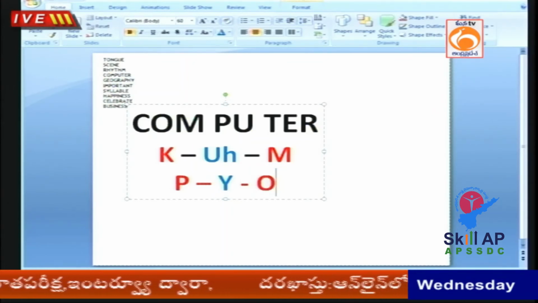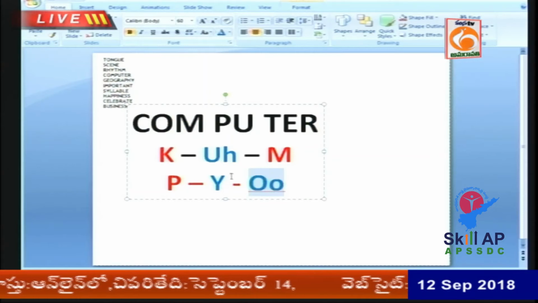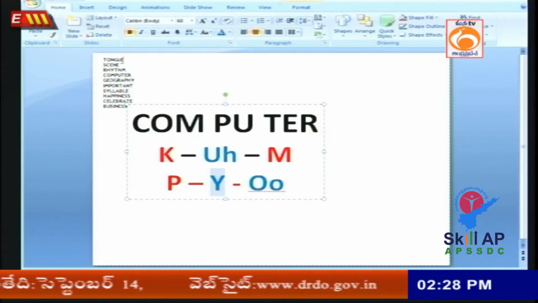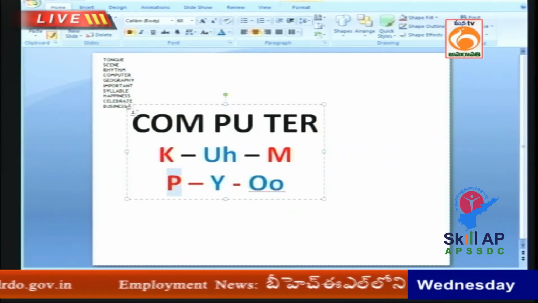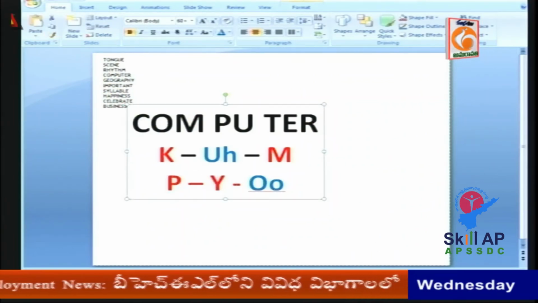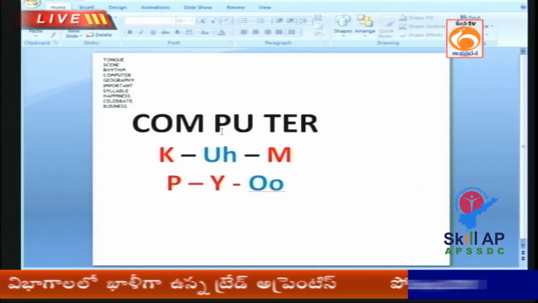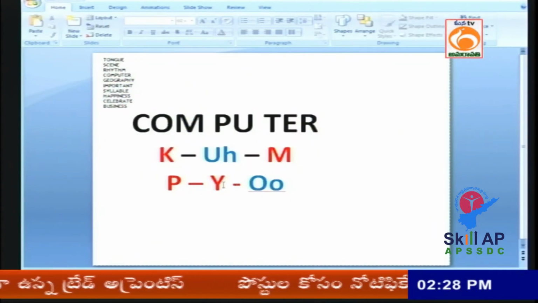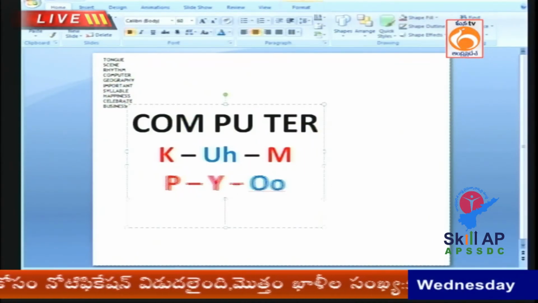I need to change the color so that you can understand it. So it's come, pew. We don't say it without the y sound, so we also have a y sound. Come, pew, t.